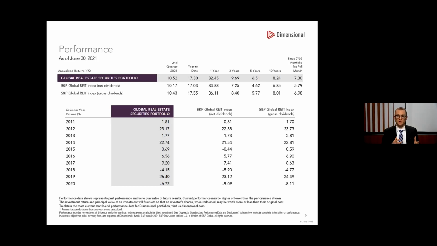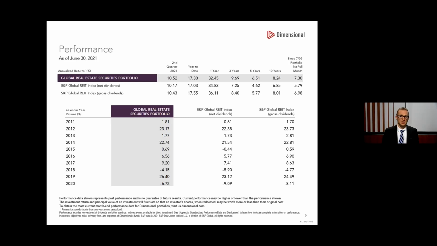But it is giving you a sense of, if you were taxed at that highest rate, what would your return look like by investing in the index? The gross dividend is exactly the opposite. Here, you're assuming that you're not being taxed at all. So there's zero tax rate applied here. This is the best case scenario that, again, most investors don't experience. And you would expect most portfolios to perform somewhere in between these.